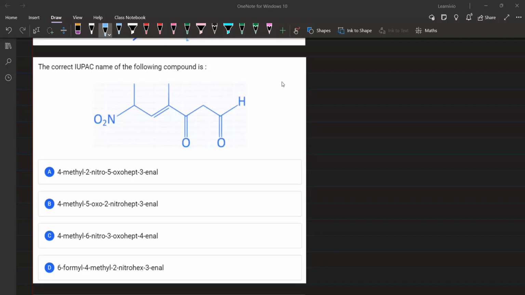You choose the correct functional group, and once you start numbering the parent carbon chain, you don't have to do the complete thing. You identify, and if you are choosing the parent carbon chain and starting the numbering from the right side, you will get the answer quickly. Please identify the functional group and then only start numbering.